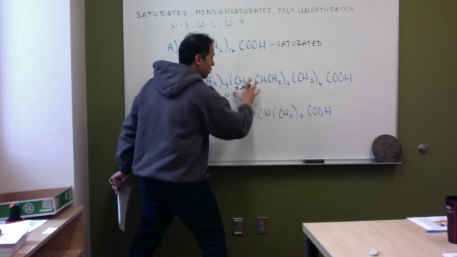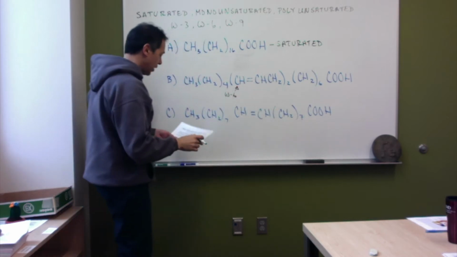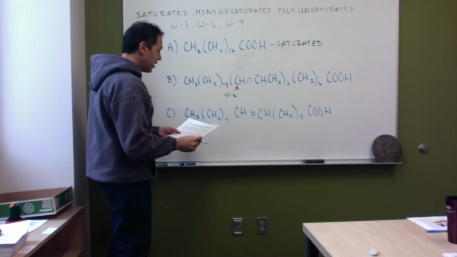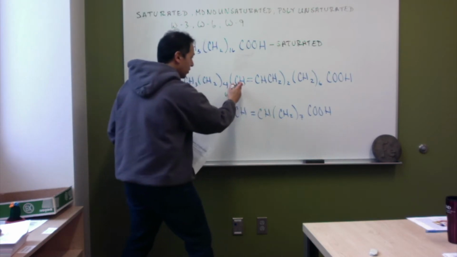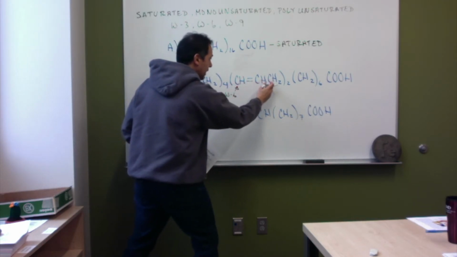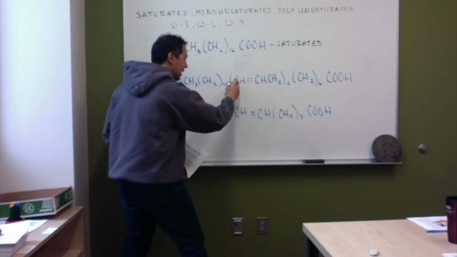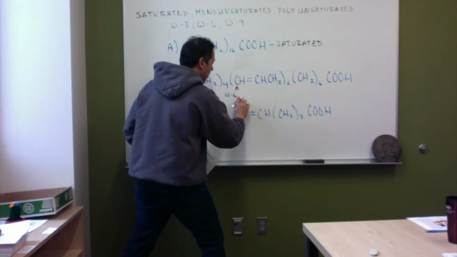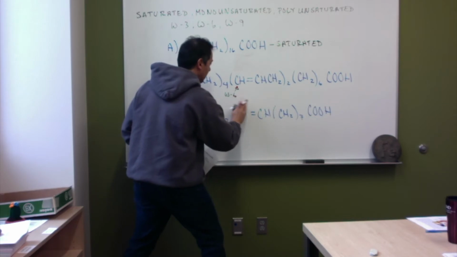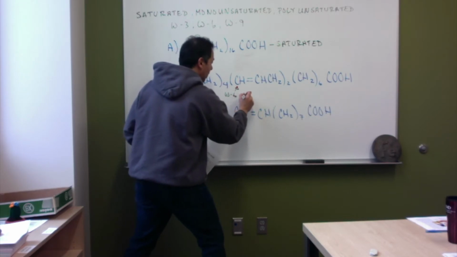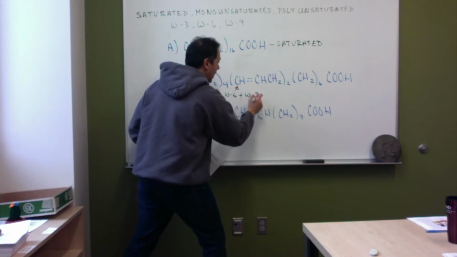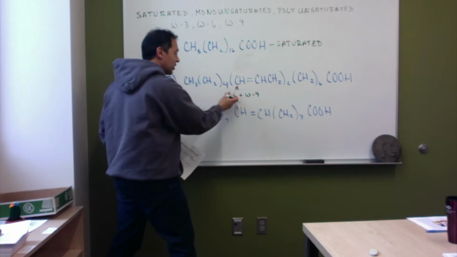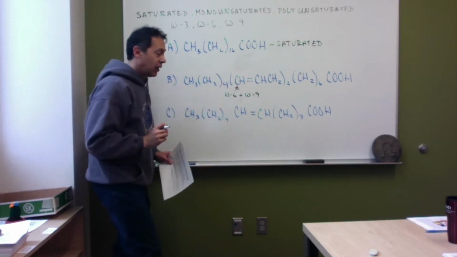And then there's 2 of this whole structure here. So if we repeat that, we're going to have another one at 6, 7, 8, and then repeating 9. So this is going to be omega 6 and omega 9. That's just saying that the double bond is on the 6th carbon and the 9th carbon.